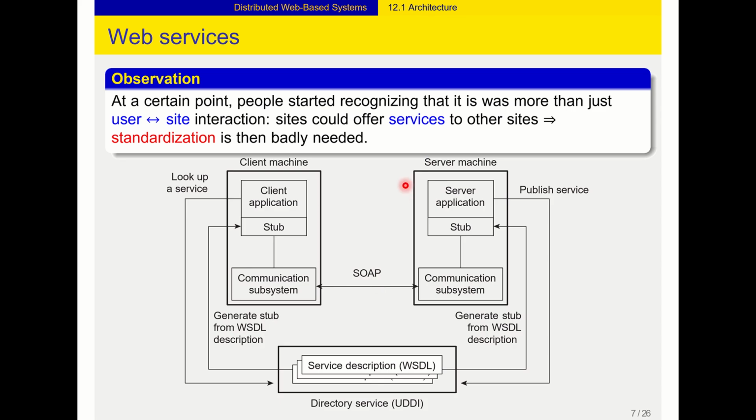So, in the first server machine, there is a server application component. The server application first describes its service using WSDL, because I have already mentioned that WSDL is the language to describe services.